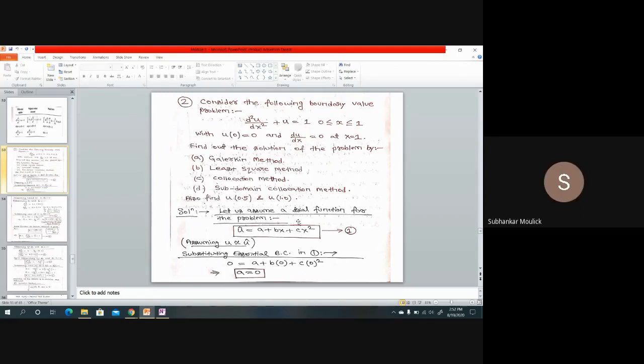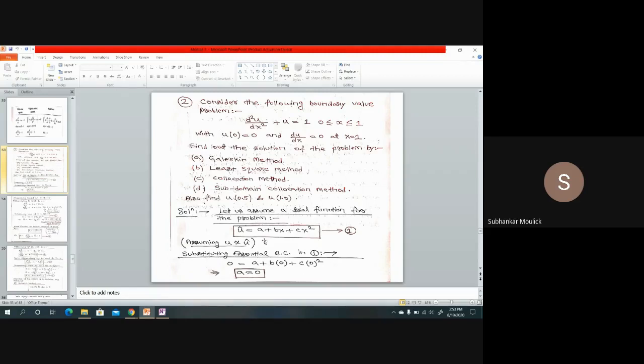Why should I solve with quadratic? What is the reason for it, sir? Maybe because d2u by dx square is there. Yes, as well as see, you have to check the order of the given differential equation. Here the order is 2, so choose a quadratic degree polynomial function as the assumed trial function, and also check whether the assumed quadratic polynomial trial function satisfies your essential boundary condition or not.